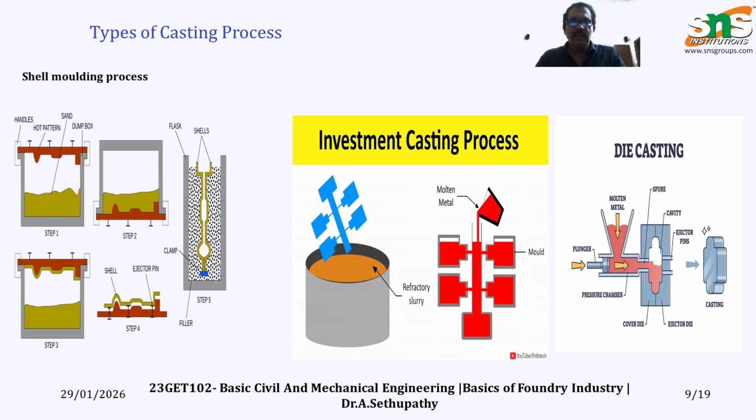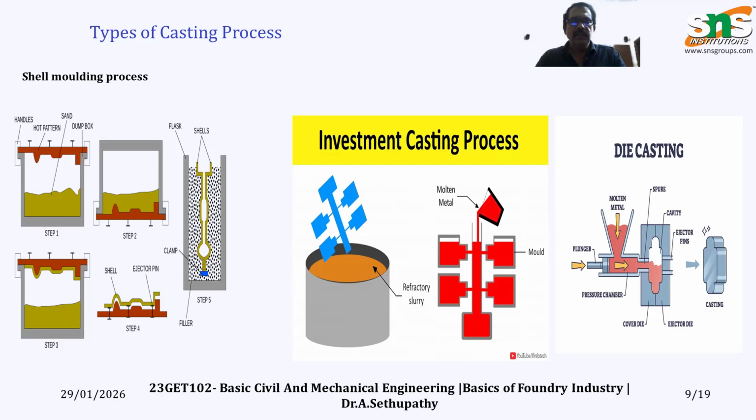This layer is called the shell. The shell is removed from the pattern. This is one side of the shell we created, and the same process is continued for the other side of the mold.